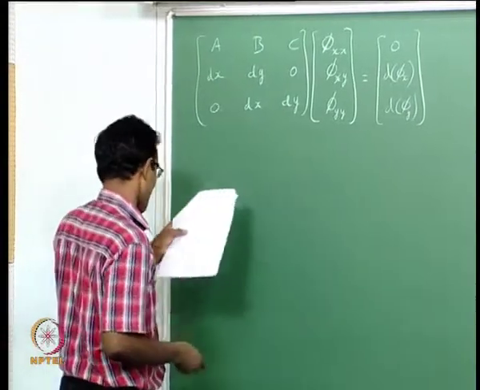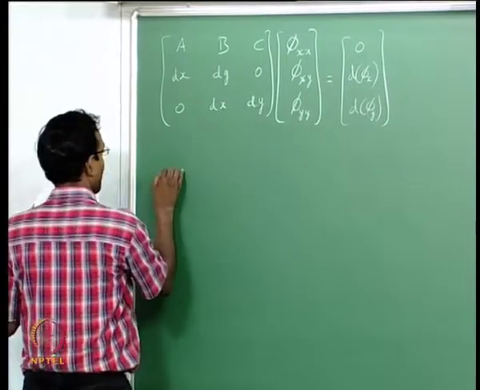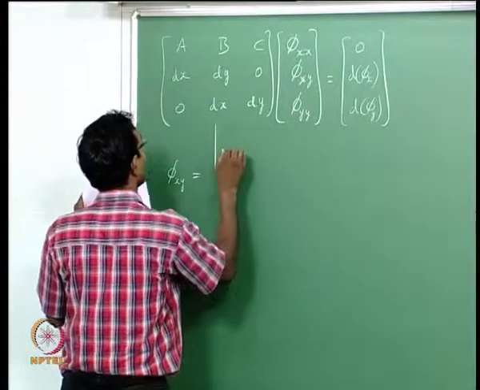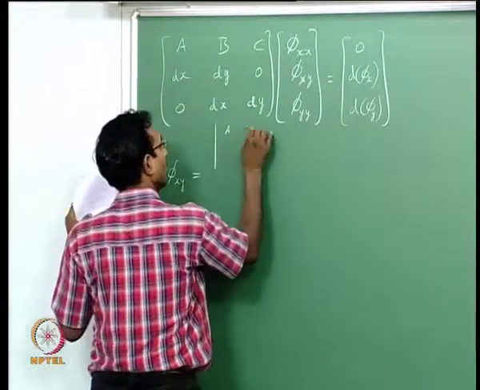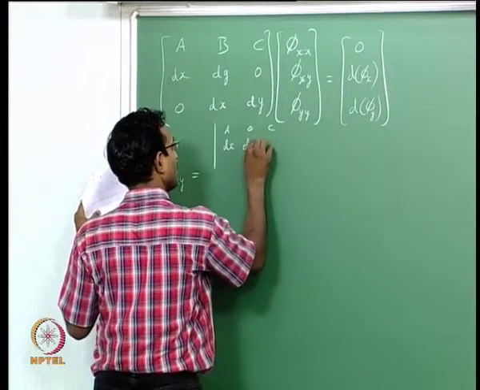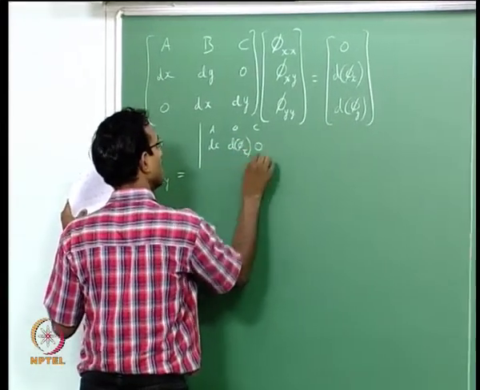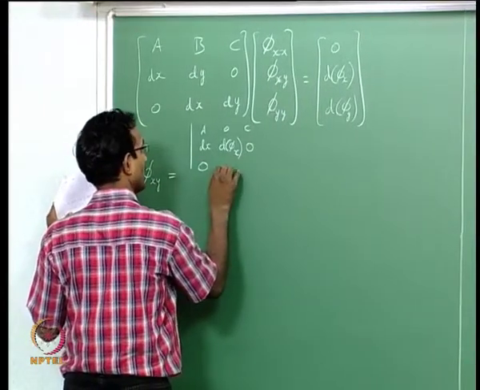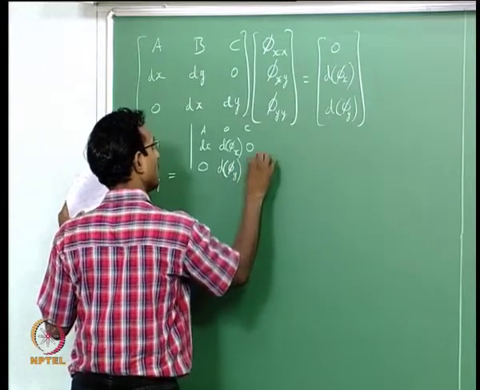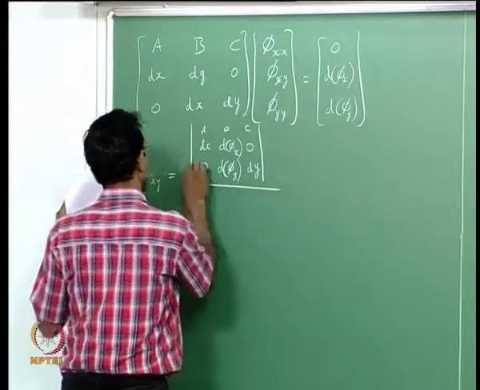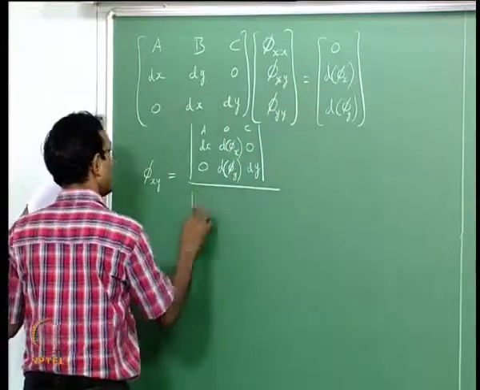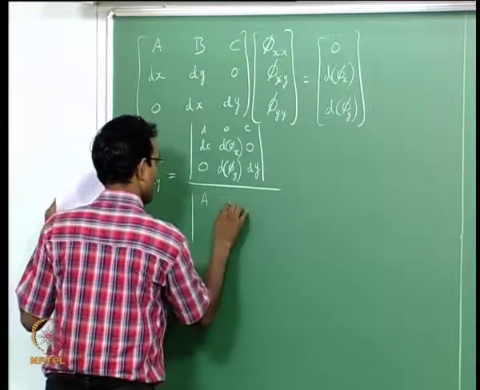And to solve for phi xy, we used Cramer's rule and we got to this form. Determinant of that matrix with the center column replaced with that side, and the bottom will be just the determinant of this matrix.